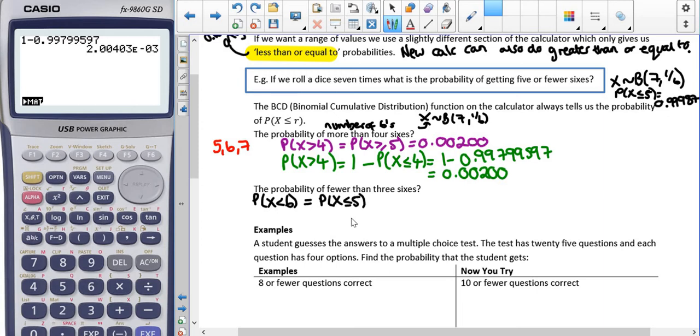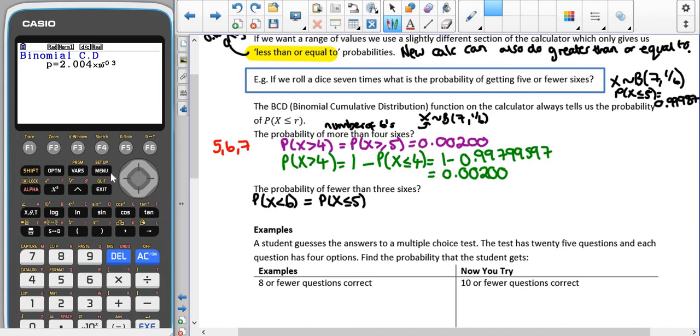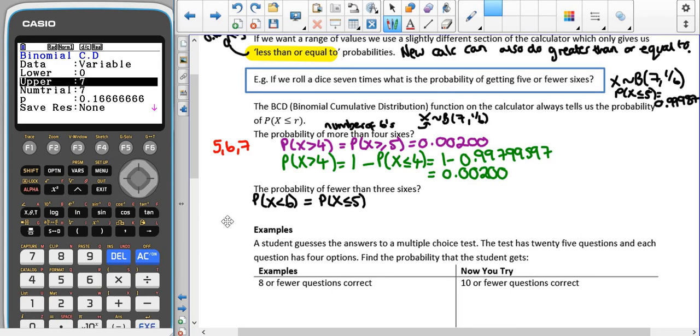And then this time we can put that in either one of the calculators. So in the new calculator, that would mean that the smallest number of 6s that we want was 0. The highest number of 6s we want is 5, because we want less than or equal to 5. We still have 7 trials and our probability is still a 6th. So that gives us that 0.9987 that you can see here.